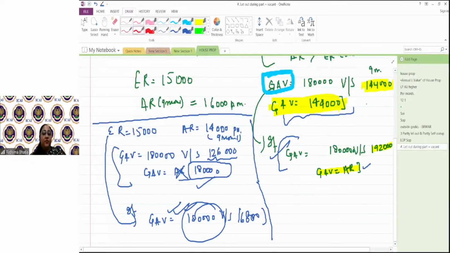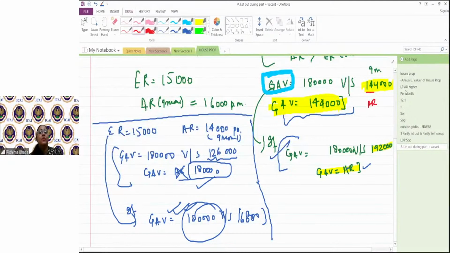Because if the property had been let out for the entire year, then in that case, friends, the actual rent would have been the gross annual value. But the actual rent is not becoming the gross annual value now because there is a 9 months tenancy period and a 3 months vacancy period, so the actual rent could not become the gross annual value if we compare. So this is a genuine case.